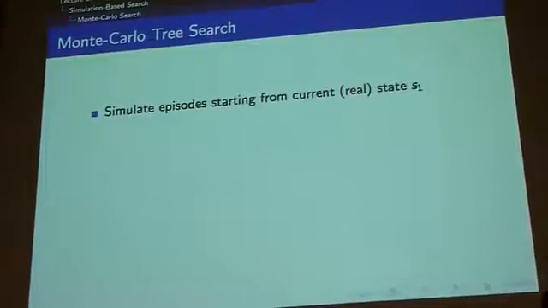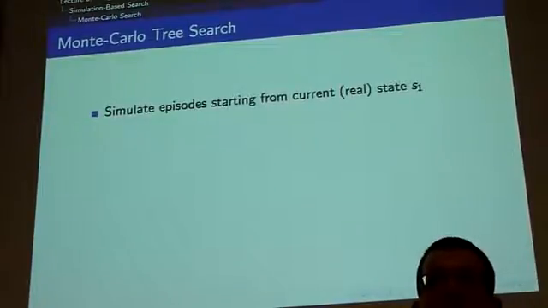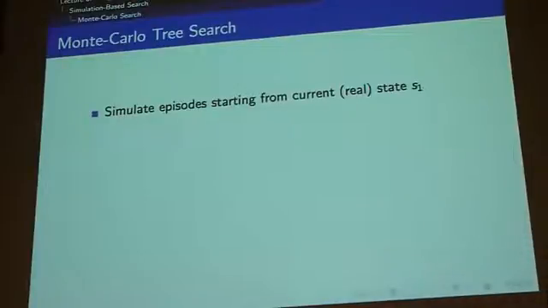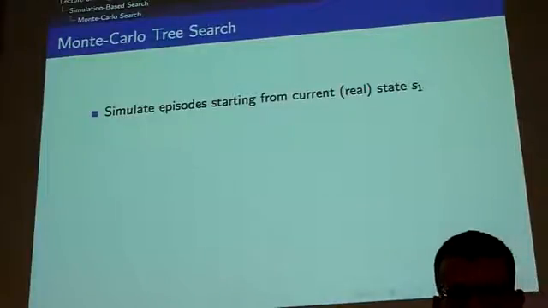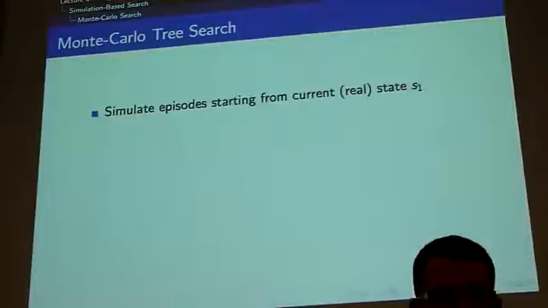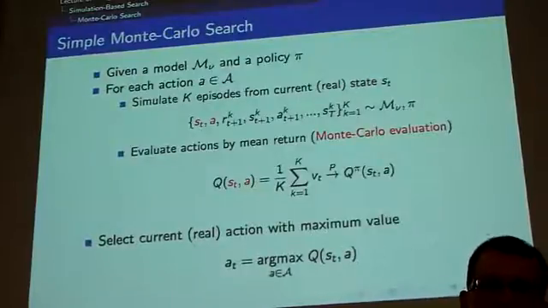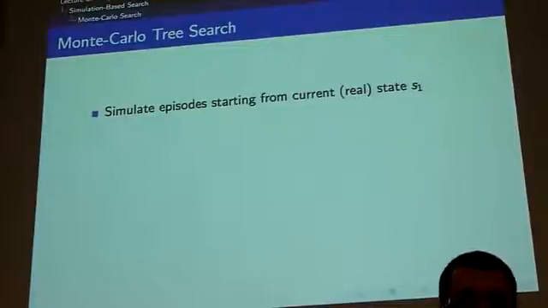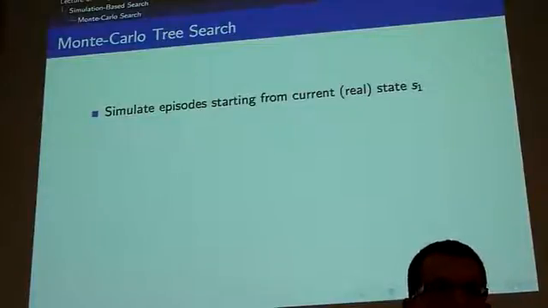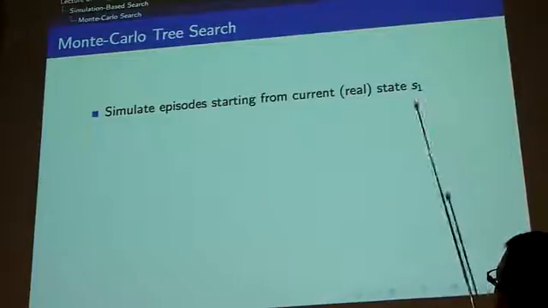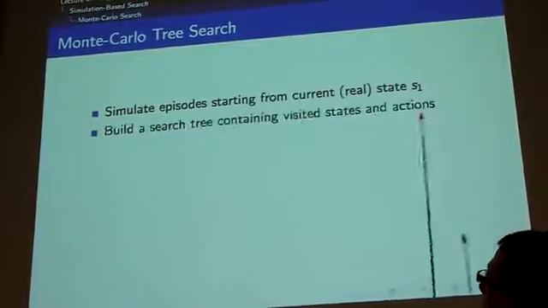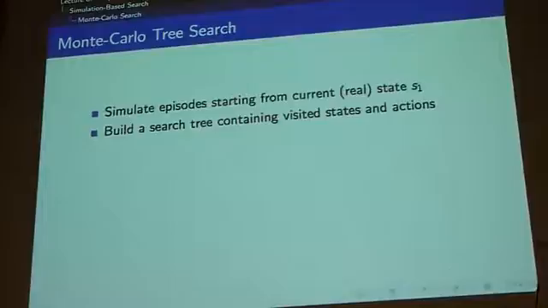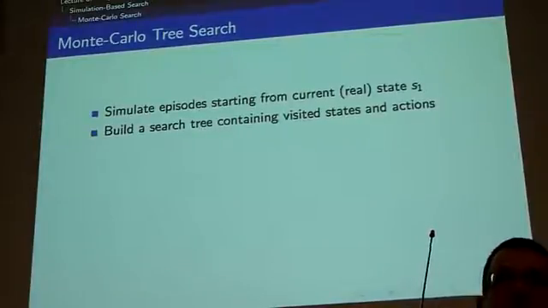Okay. So these ideas can be turned into a state-of-the-art planning algorithm when we start to think about taking the next step beyond simple Monte Carlo search. This idea is called Monte Carlo tree search. The idea is to simulate episodes, again, starting from the current real state, which should be ST, and build a search tree that contains the visited states and actions.